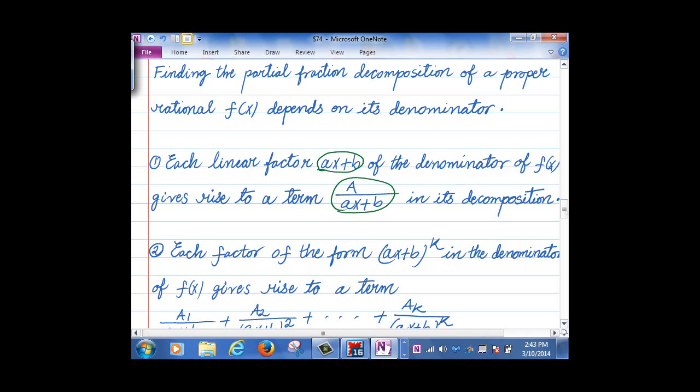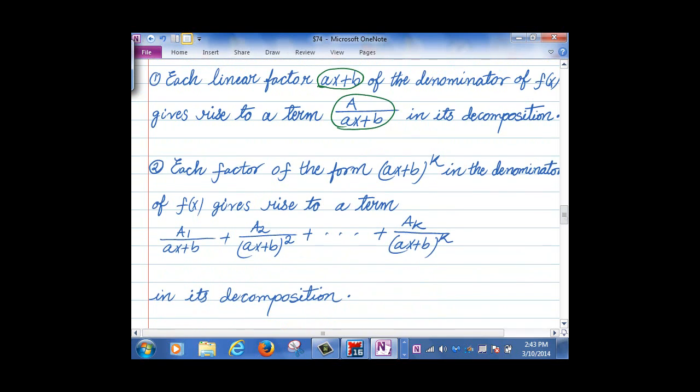However, sometimes one of the factors in the denominator is a linear factor, but it has an exponent 2 or 3. Let's say you have x cubed plus 1 divided by x plus 1 to the 3 times x squared plus 1. You have a linear factor here, but that linear factor occurs 3 times.